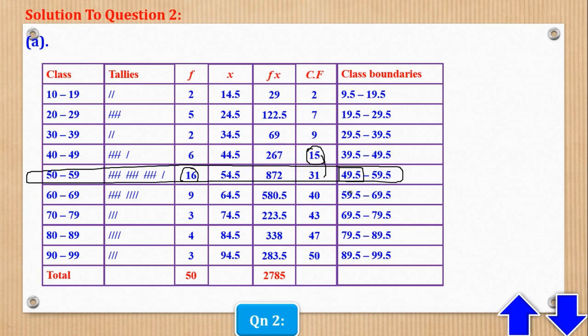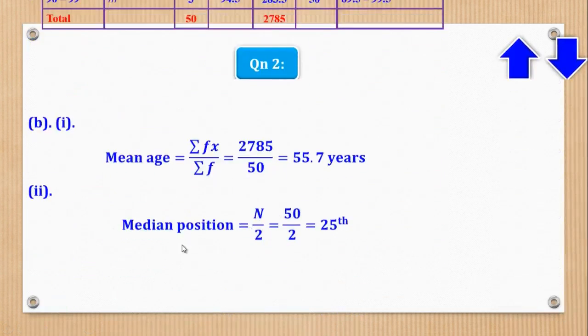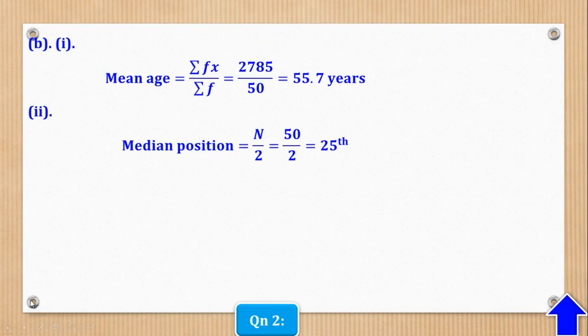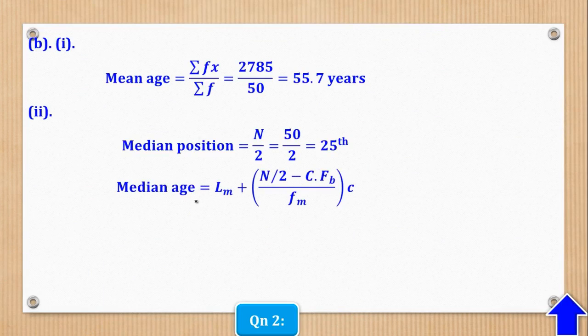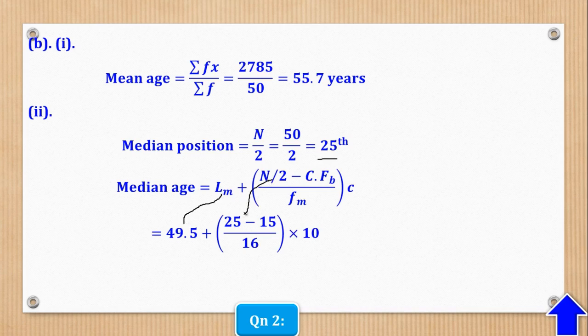Now let's use them. So that is the formula, and now we shall substitute. This LM is the lower class boundary of the median class. N over 2 is the median position, which is 25. CFB is the cumulative frequency before the median class.